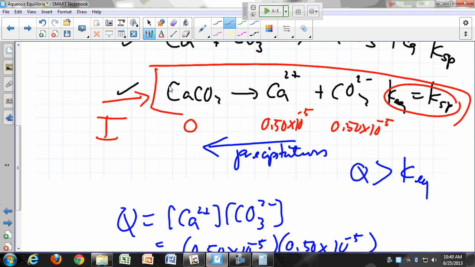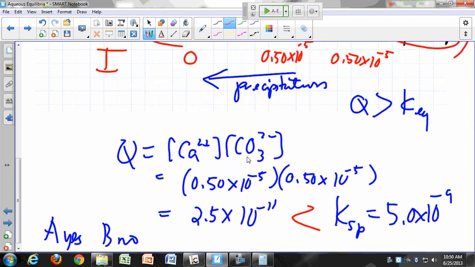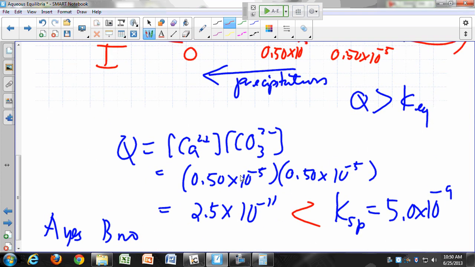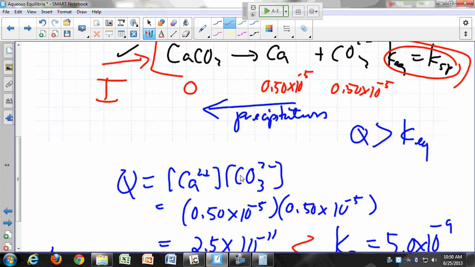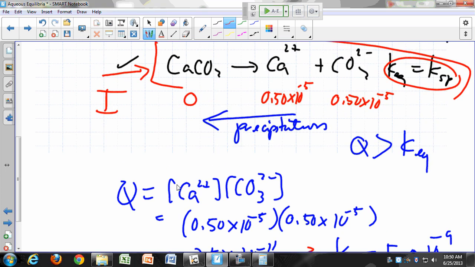If Q is less than KEQ, the reaction will go forward until Q becomes equal to KEQ. In this case, Q is less than KEQ. It will try to go forward if it could, but it couldn't because there is no calcium carbonate solid. But it's not going to go in reverse. If this does go in reverse, then you have a precipitation reaction.